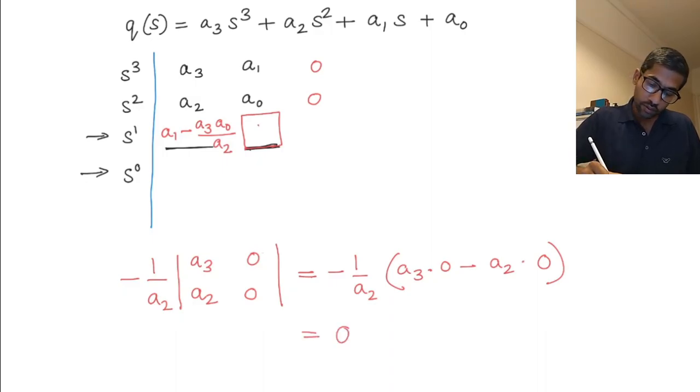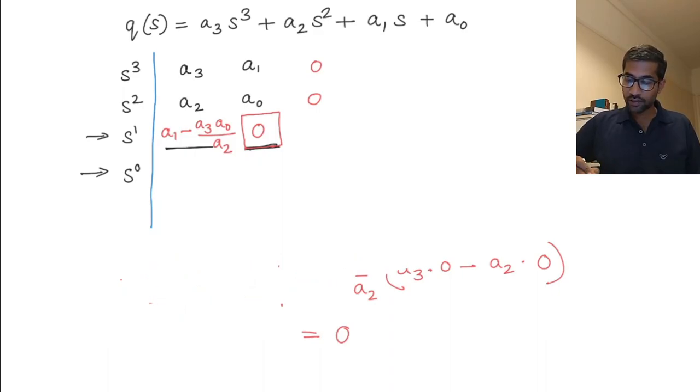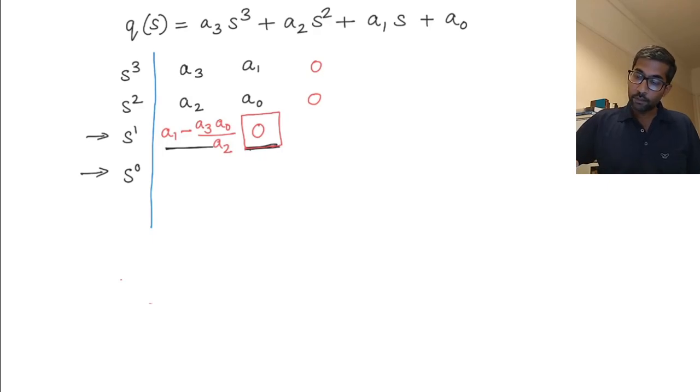So the value that goes here is basically 0. Let me erase this again and let's go to the next column. What you would find is that all the next elements, if you start to calculate, they are all going to be 0.